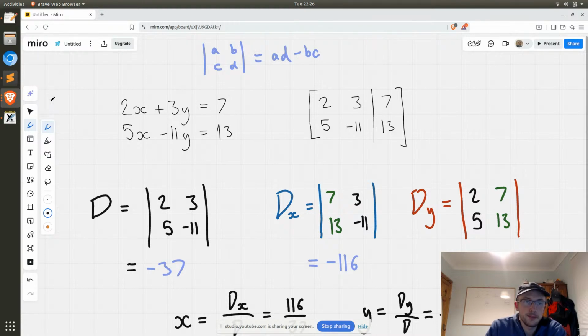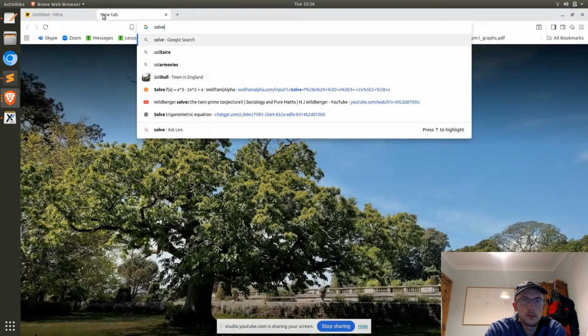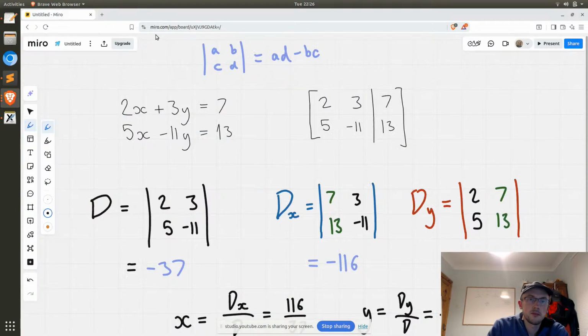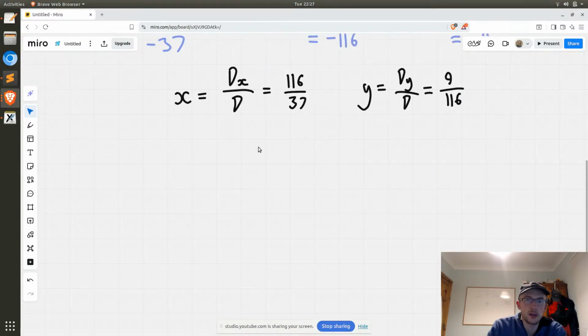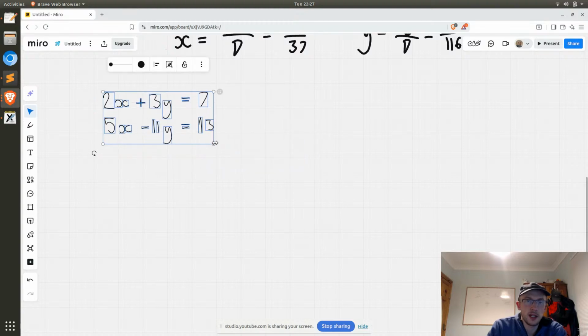So, how to check? Oh, don't Google. Do it yourself. But how? Using all the other techniques that you've learned, like solving by elimination and substitution and so on. So let's use the way that we know that works, which is elimination.